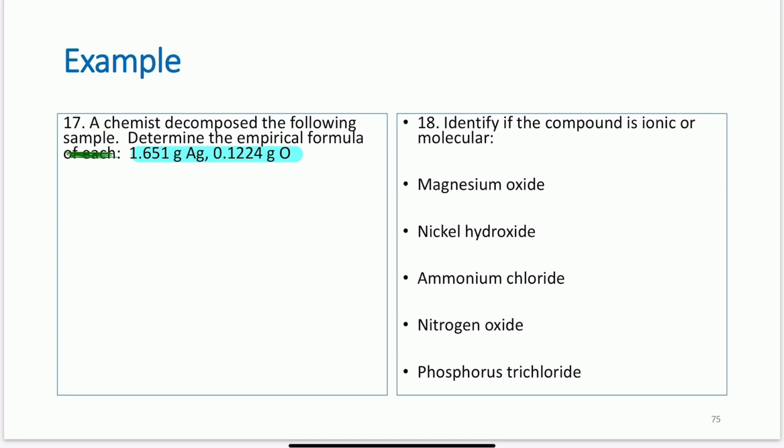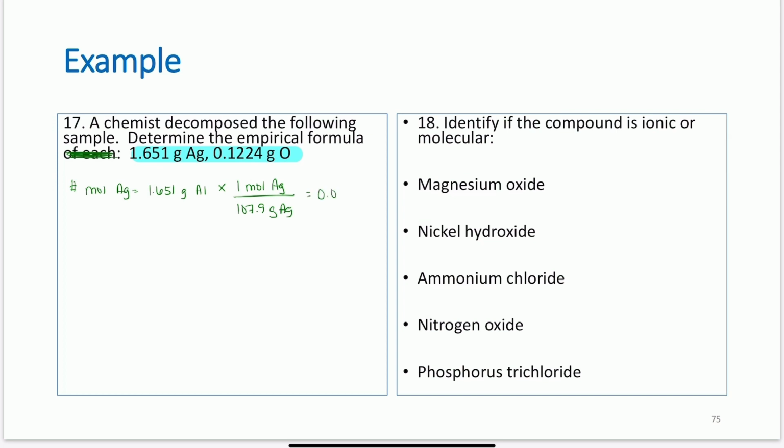I've got 1.651 grams of silver and 0.1224 grams of oxygen, and I want to know the empirical formula here. Number of moles of silver: 1.651 grams of silver. Convert that to moles of silver, silver is 107.9 grams per mole.